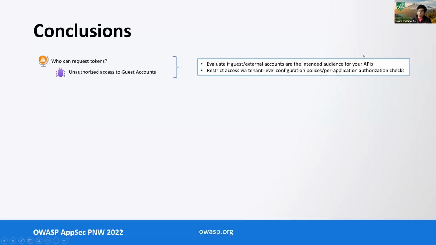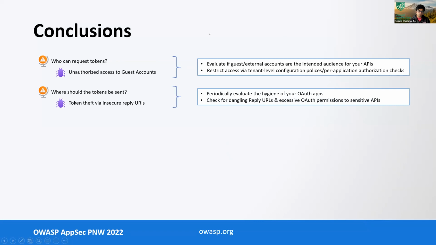I'm not saying guests must not have access to anything. It's the heart of collaboration. But it's about evaluating whether guest or external accounts are the intended audience for your APIs. When you do your threat models, that's one of the questions to ask: who must be our audience, and who must really access it? Then try to do either tenant-level policies or per-application authorization checks, whatever suits your design. That's one of the key things to ask in your threat model discussions.